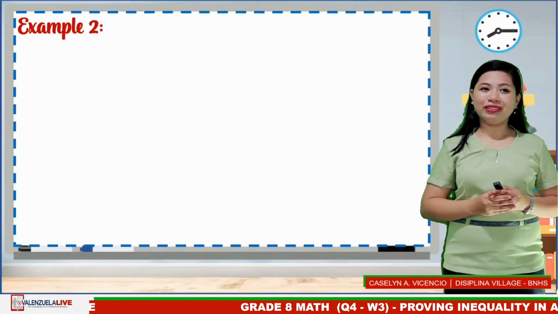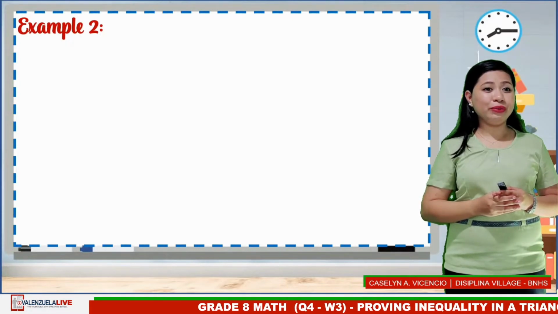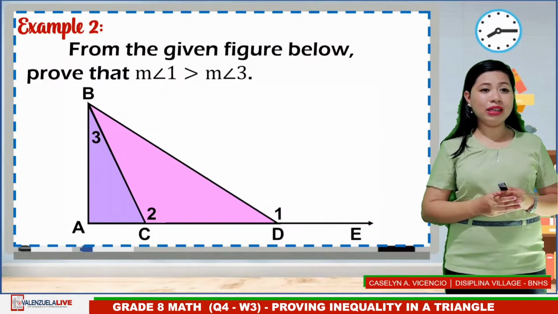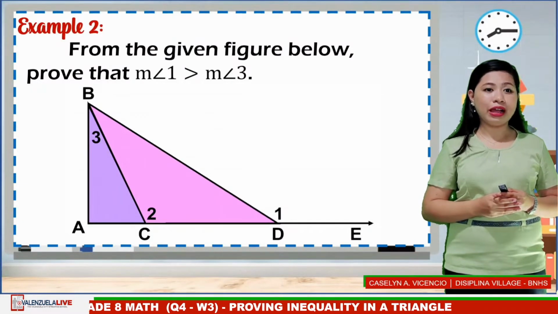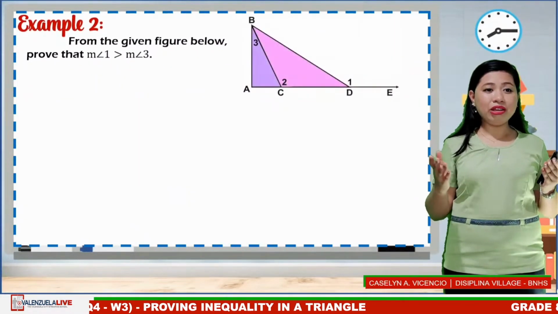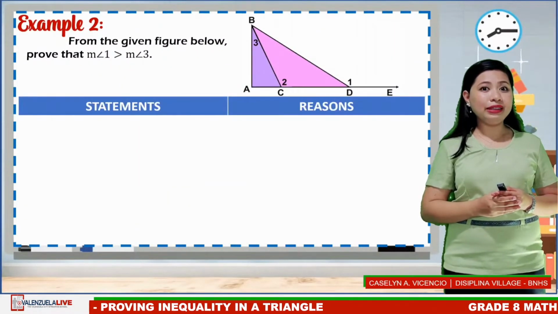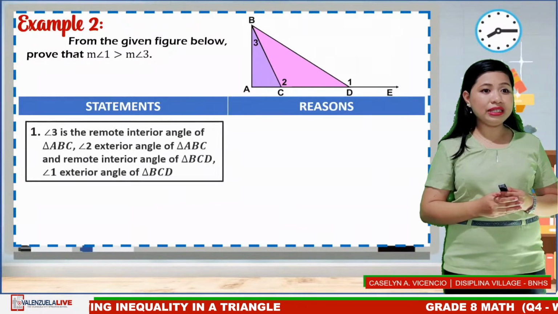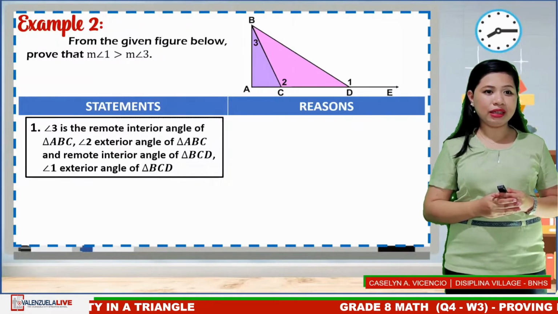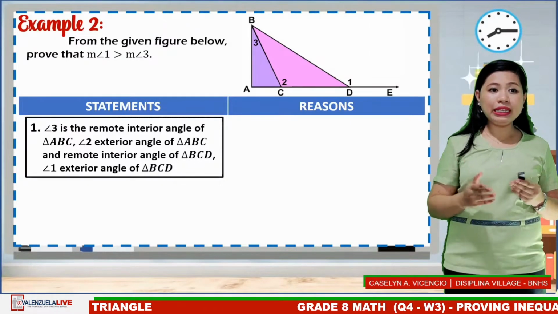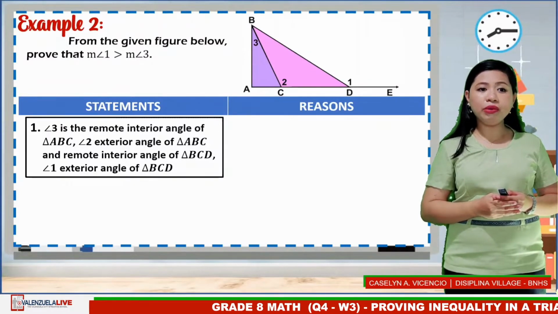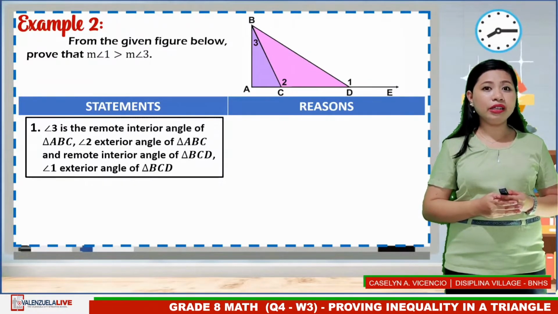Let's have the next one. From the given figure below, prove that the measure of angle 1 is greater than the measure of angle 3. Based on the figure, we can state that angle 3 is the remote interior angle of triangle ABC. Angle 2 is the exterior angle of triangle ABC, and a remote interior angle of triangle BCD.